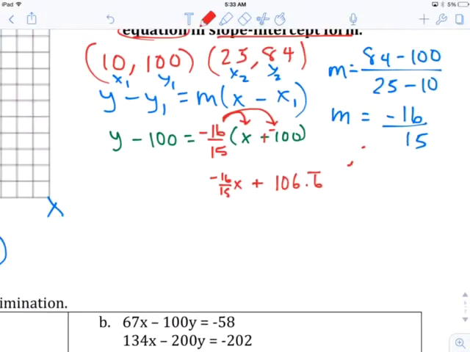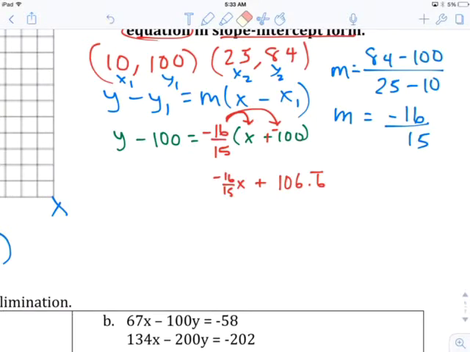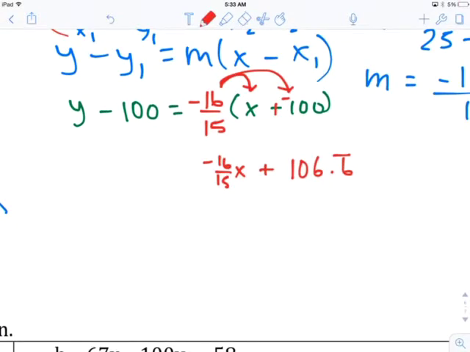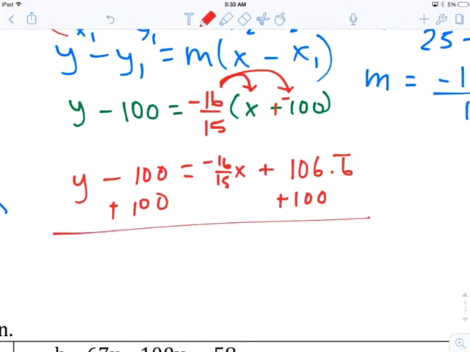Okay, let's go ahead and add 100 to both sides. You guys know how to do these. So y equals negative 16 over 15x plus 206 with the 6 repeating. And that's your answer.